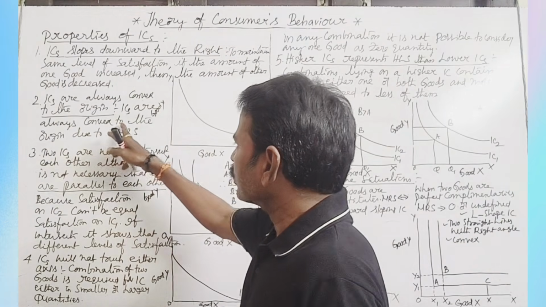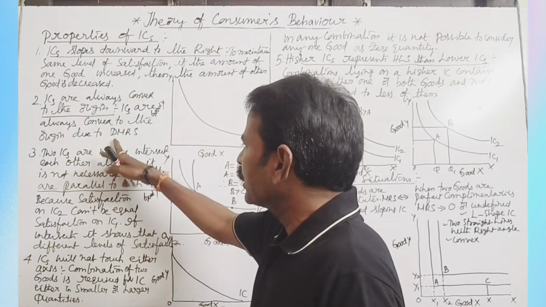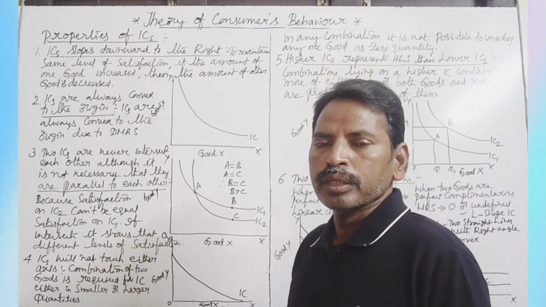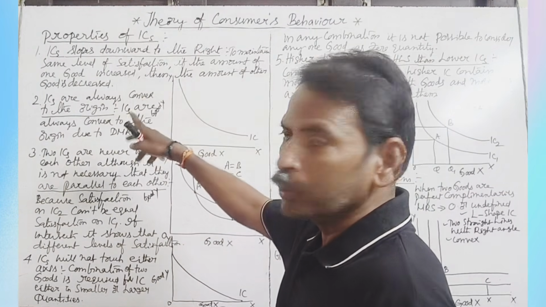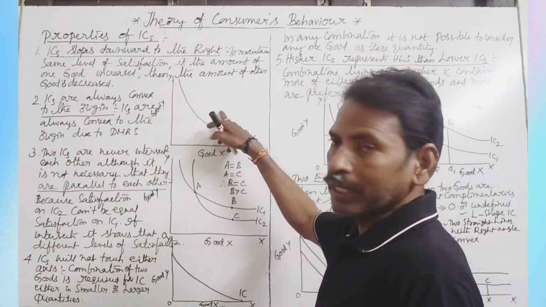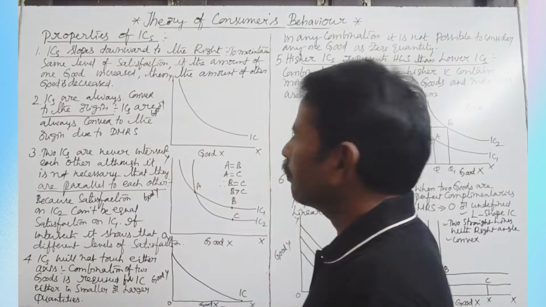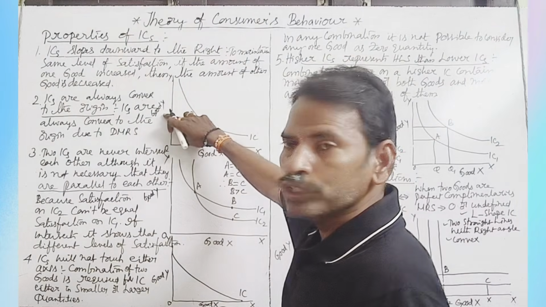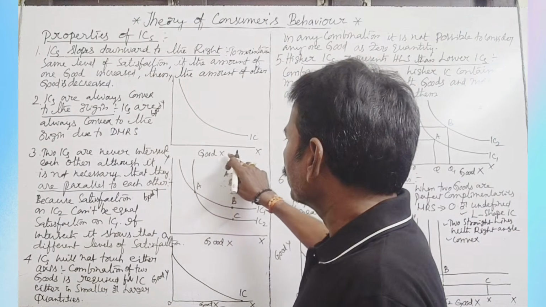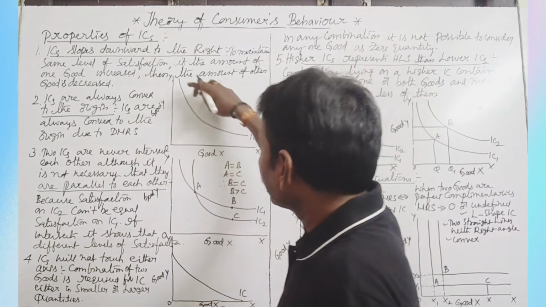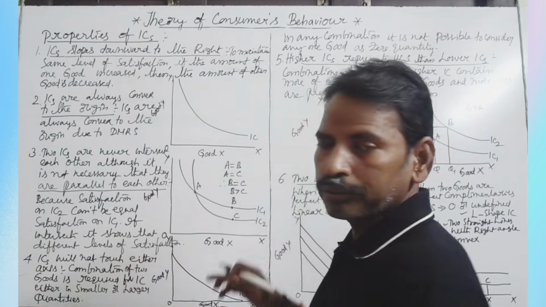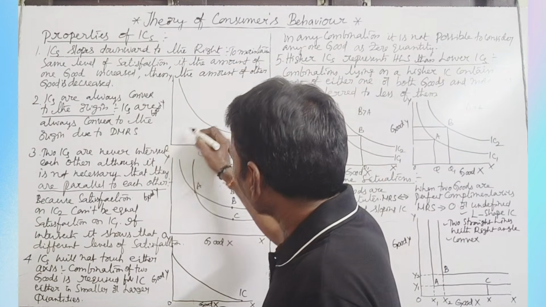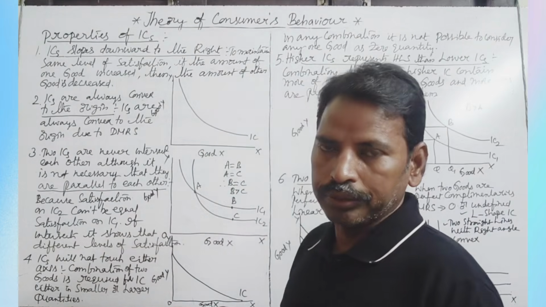If we observe these two properties in the diagram, draw an L shape, mark Y, O, X. Good Y is measured on the Y axis, good X is measured on the X axis. This is the indifference curve, which slopes downwards from left to right and is convex to the origin.